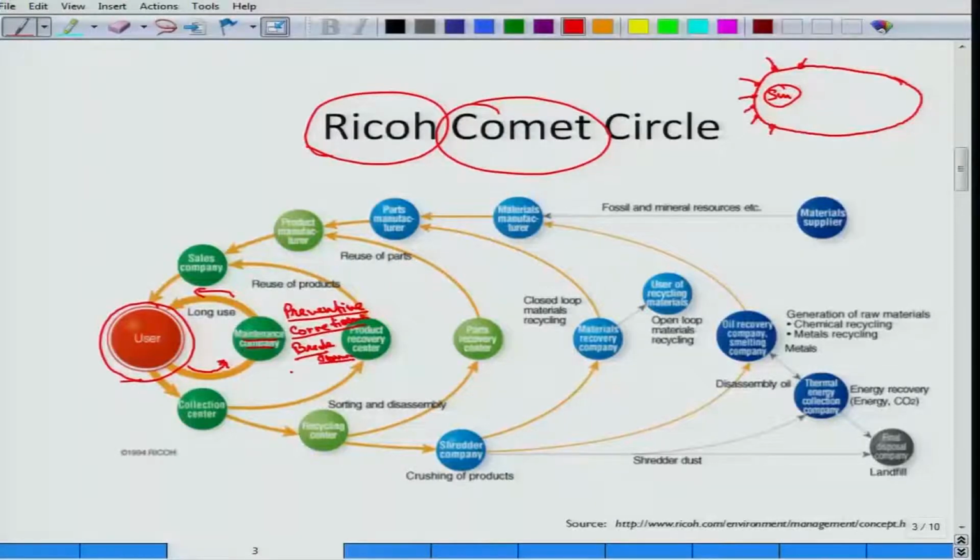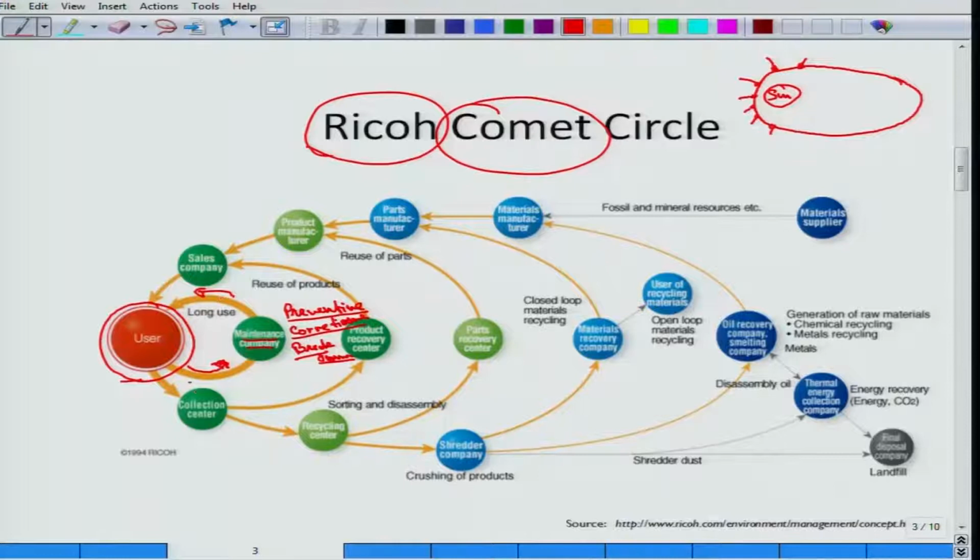Then you get that part replaced. That is your corrective maintenance. And sometimes it happens that your bike totally stops moving, some part is totally broken down, that is known as breakdown maintenance. So, these kinds of maintenance the customers keep on doing and keep using the product.